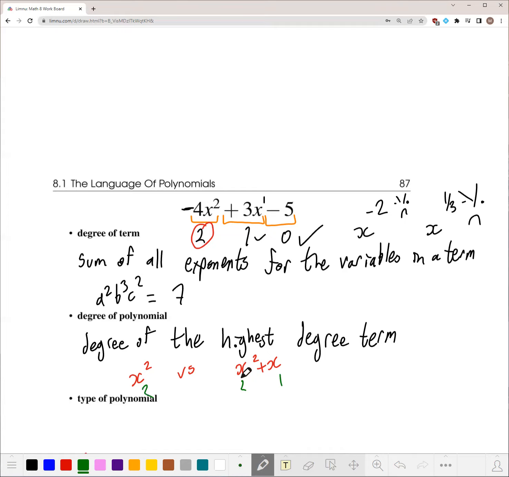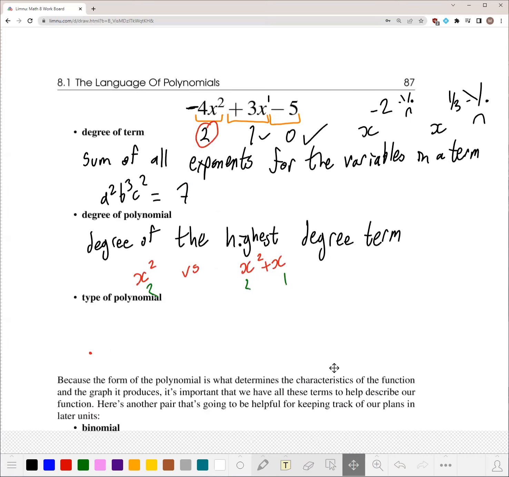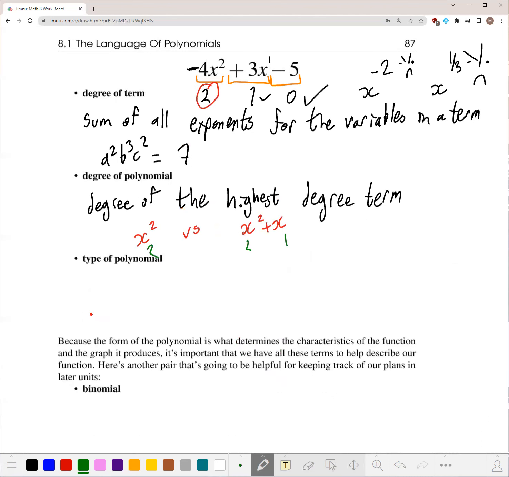And so there we go, we know it's degree 2. Both of these are degree 2 polynomials. And the reason why we want to talk about degree for polynomials is that the type or the shape of a polynomial, or you could say the characteristics of a polynomial, most heavily depend on their degree.